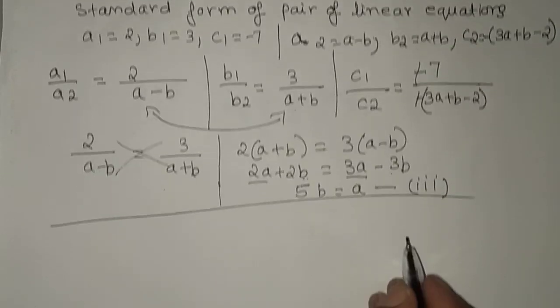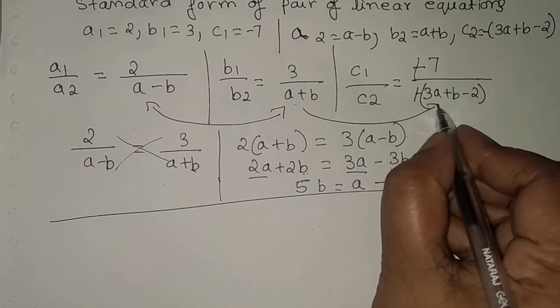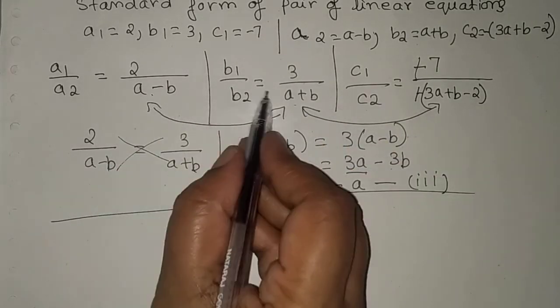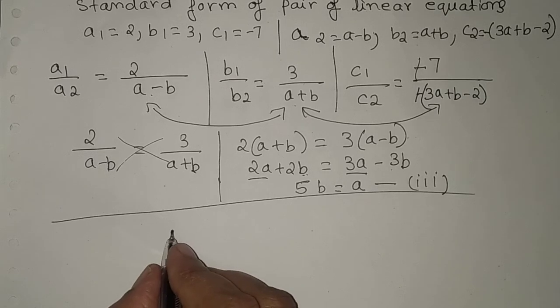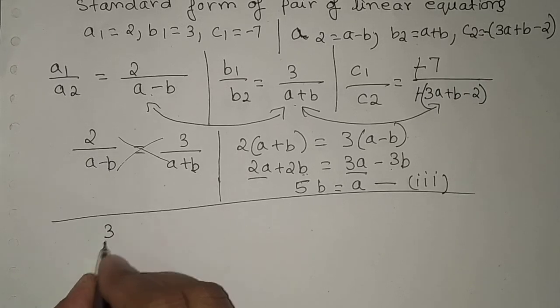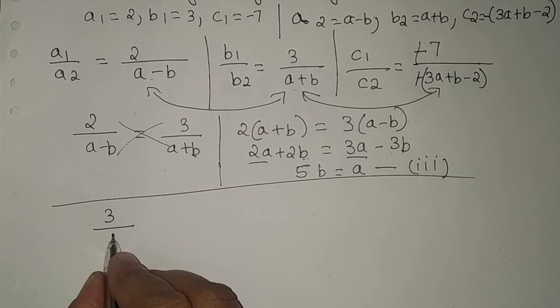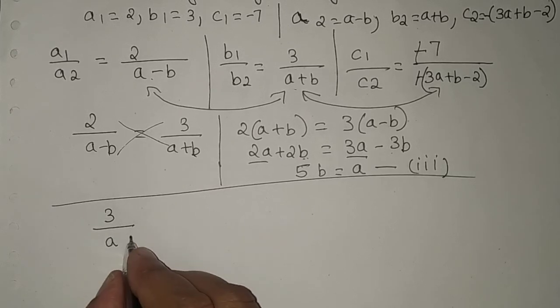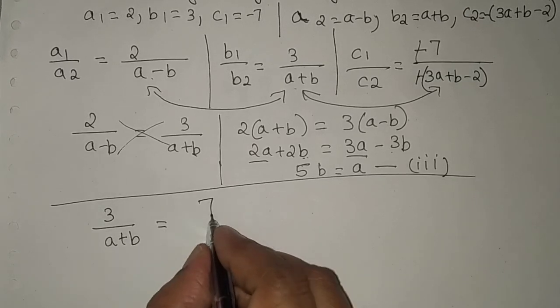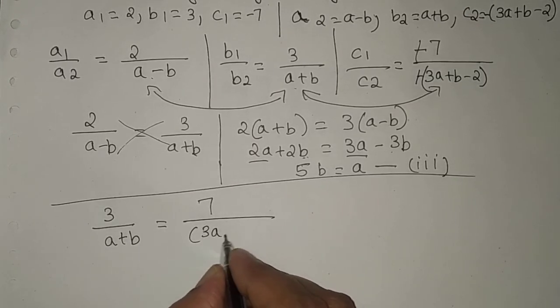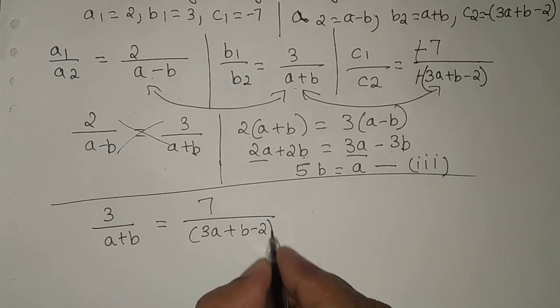So next, we'll take the other two. Again, take b1 by b2 equal to c1 by c2. Therefore we take 3 by a plus b equal to 7 by (3a plus b minus 2).